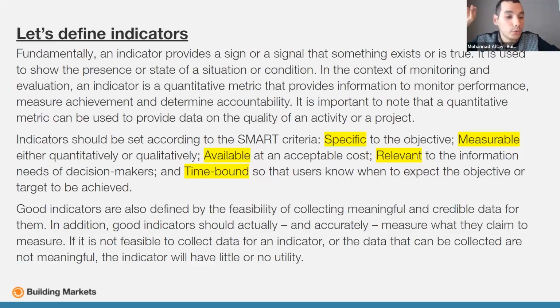So it is for you to know when you expect that you will achieve a specific objective or a specific target. So it is important that your indicators meet the five criteria. This is how you can make sure that you have a good basis for developing and selecting indicators.